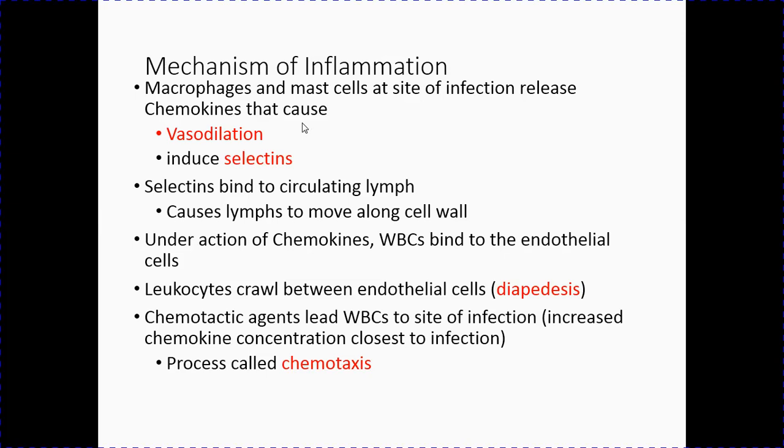What are the mechanisms of inflammation? Well, at the site of infection, the inflammatory response causes macrophages and mast cells to release those cytokines, those specifically chemokines that not only result in vasodilation, but also triggers the white blood cells to come to the site of infection.